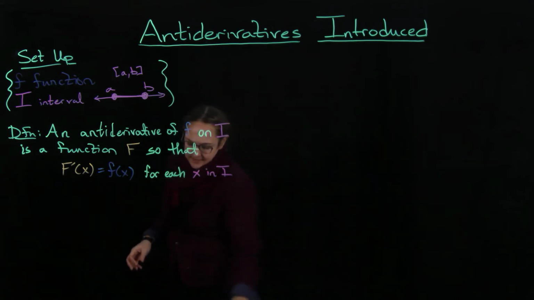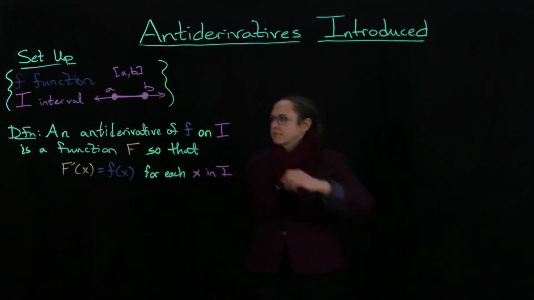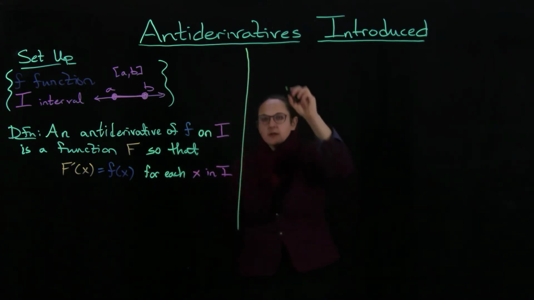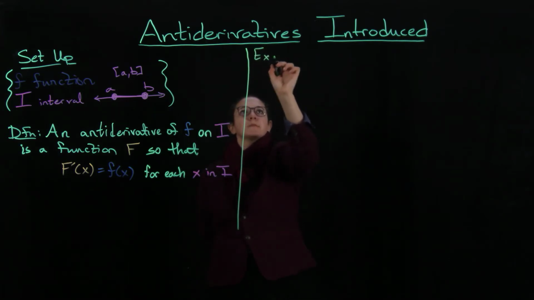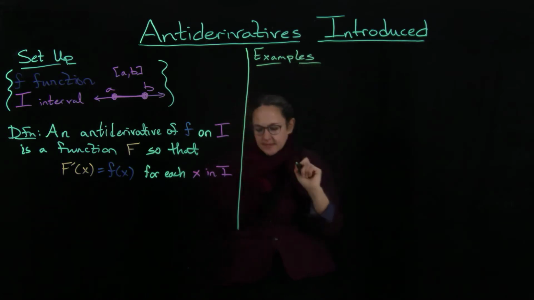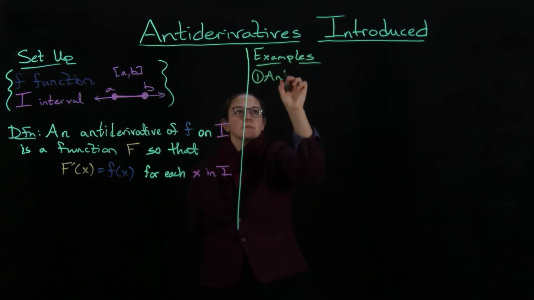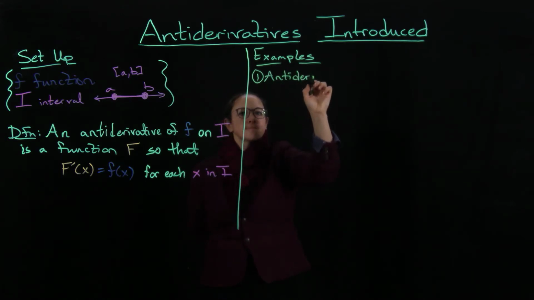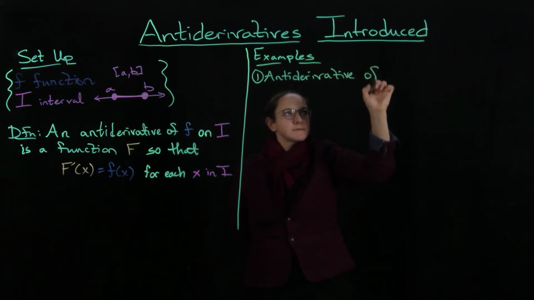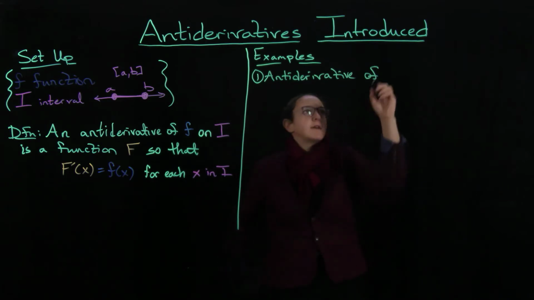So now let's look at some examples. So the first one would be the antiderivative of, and here my function is f of x equals cosine of x.